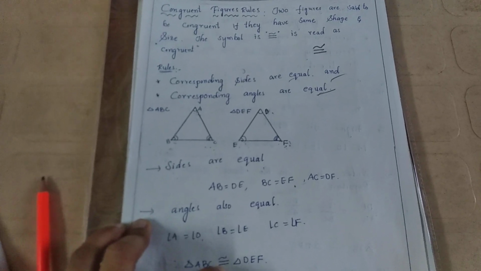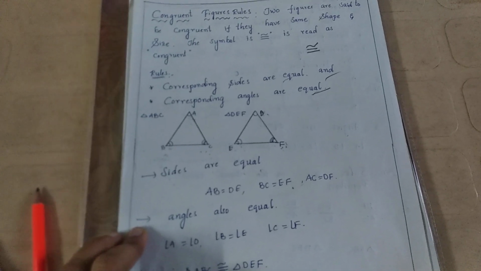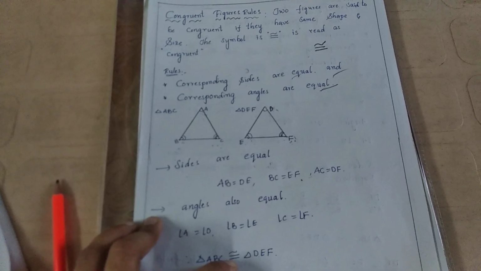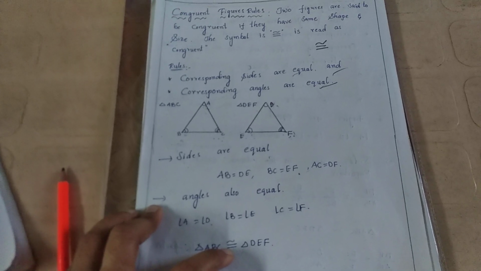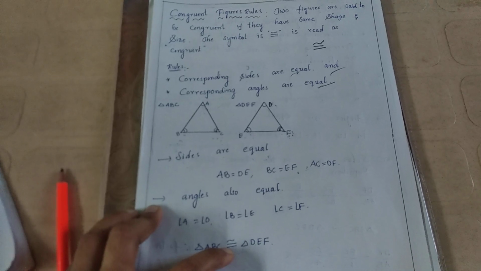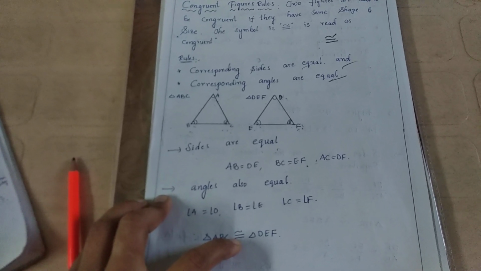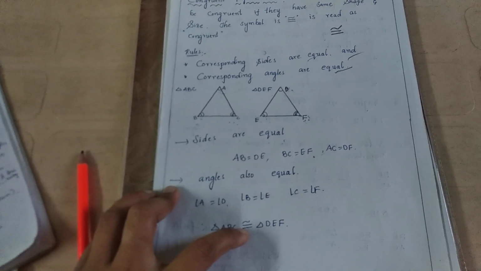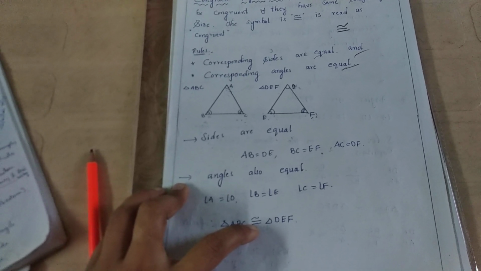Okay, so now the difference between similar figures and congruent figures. Similar figures means the shape is the same, the size is different. Congruent means size and shape both are equal. The similar rule is corresponding sides are proportional and corresponding angles are equal.